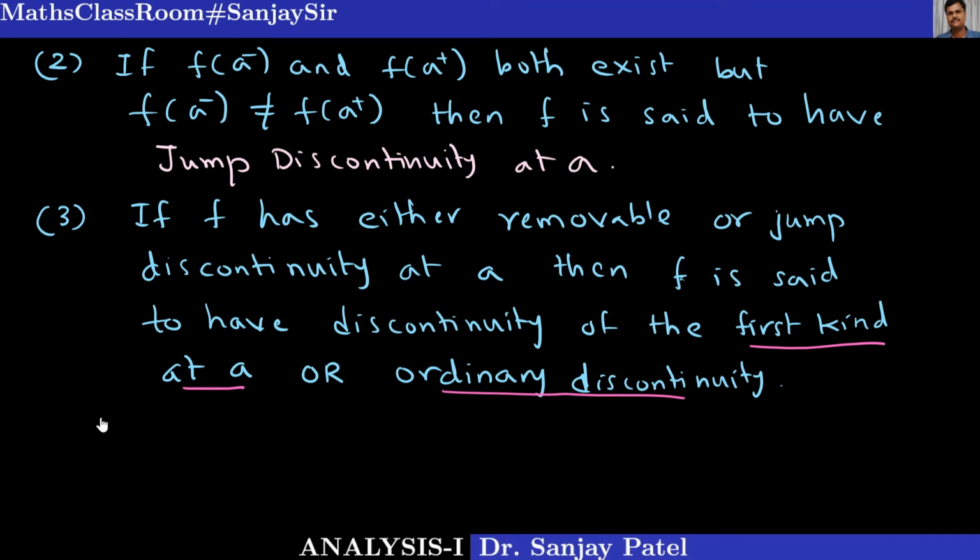And the fourth definition is the last possibility. If f does not have discontinuity of the first kind, then it is said to be of the second kind.